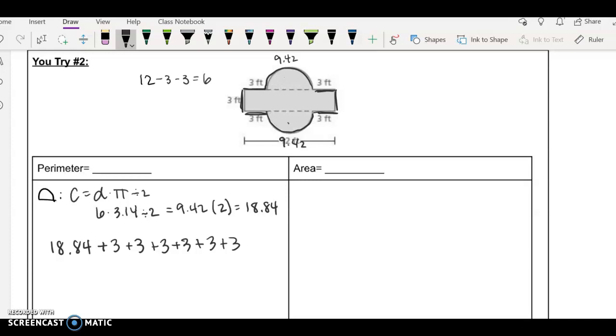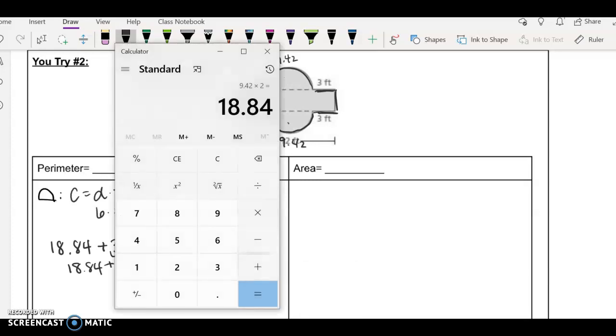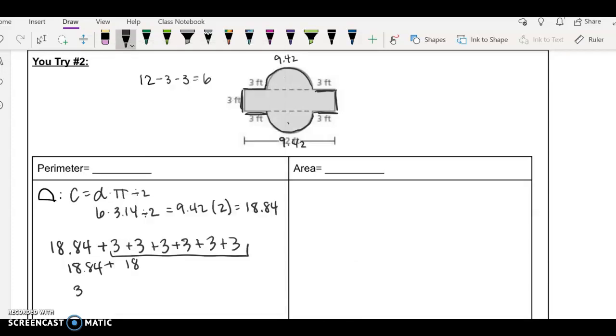So 6 times 3 is 18 if I were to add all of those up, plus my 18 84 hundredths. So plus 18, that gives me 36.84. So my perimeter is 36 84 hundredths, and this is in feet.